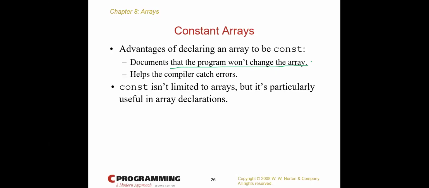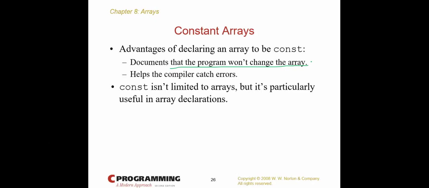It's fine. But the increased benefit of declaring it as a const is that anytime you look at the code, you can remember that this place must not change. Anytime another programmer looks at your code, they don't make changes to that part. They don't put it on the left-hand side of an assignment operator because it is a constant. So it passes a message to you and to anybody reading your code.